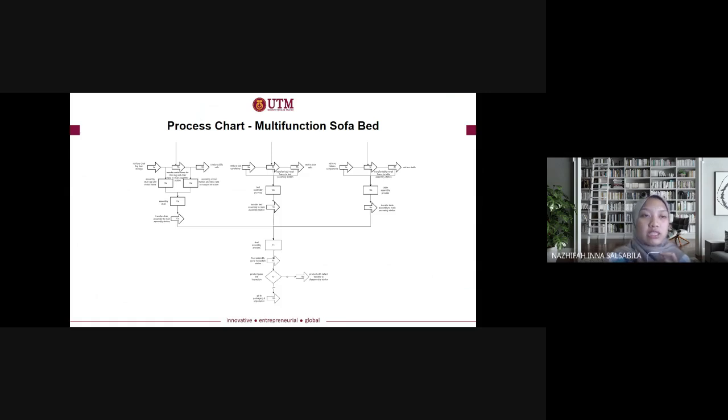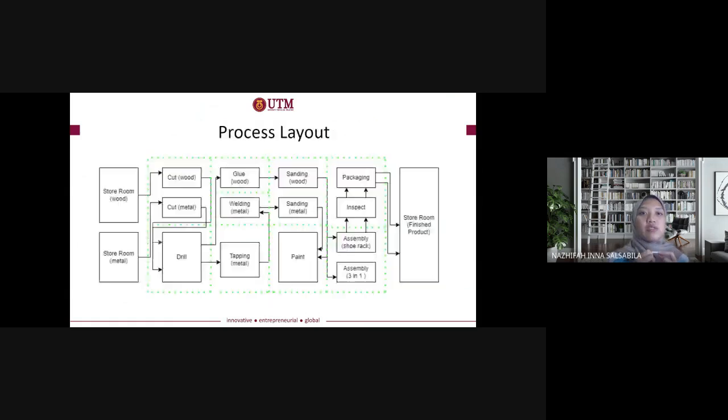So next slide. This is our process layout for the manufacturer that produces two distinct products, which are the shoe rack and also the sofa bed. Basically, they have several processes that are similar. So for both products, they have some processes that are the same.